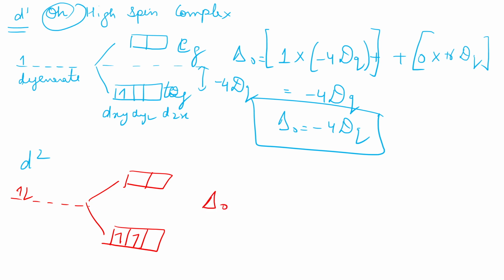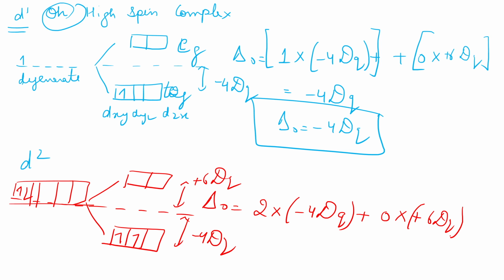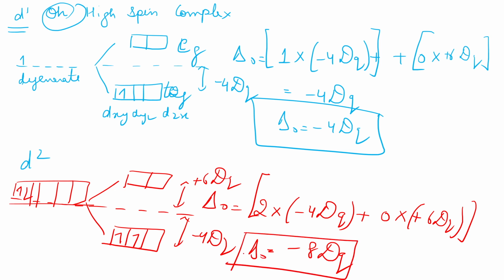So delta naught will be two electrons in minus 4 Dq, these are having minus 4 Dq and this is plus 6 Dq, and 0 electrons in orbitals having plus 6 Dq energy. What will be the value? Minus 8 Dq. Okay, delta naught is equal to minus 8 Dq. I hope you are understanding.